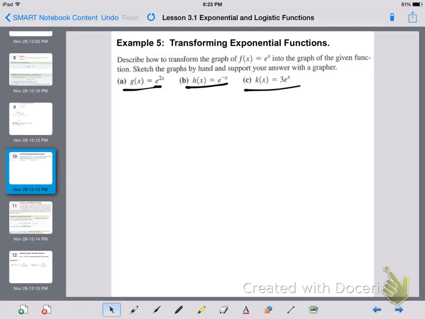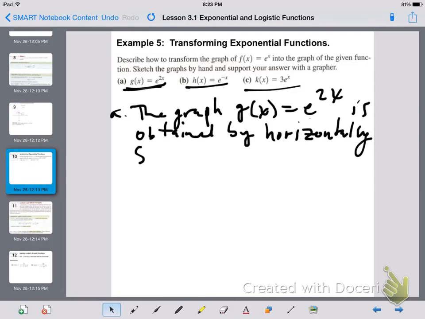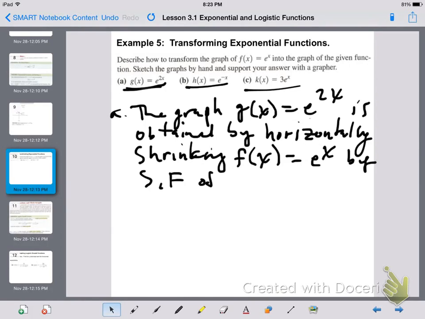So the graph g of x equaling e raised to the 2x is obtained by horizontally shrinking f of x equaling e to the x by a scale factor of 1/2.